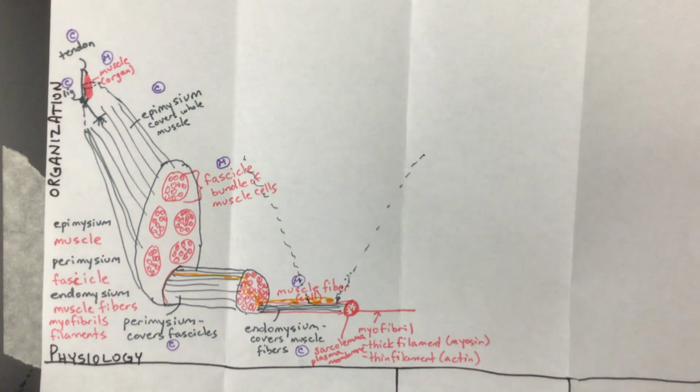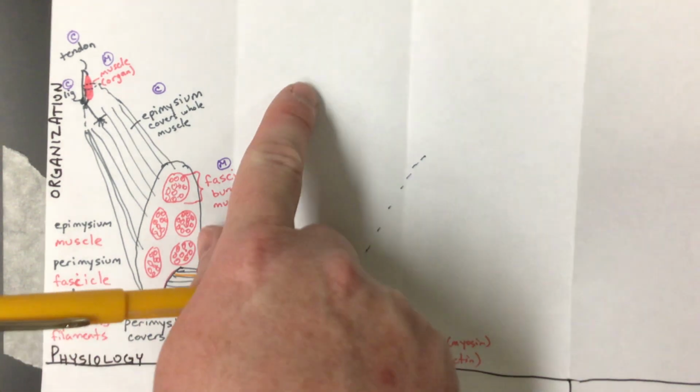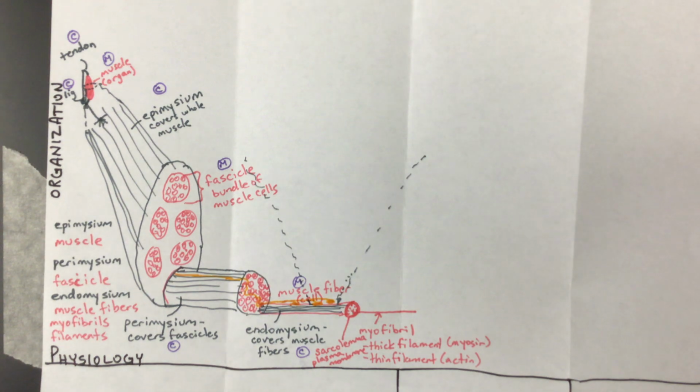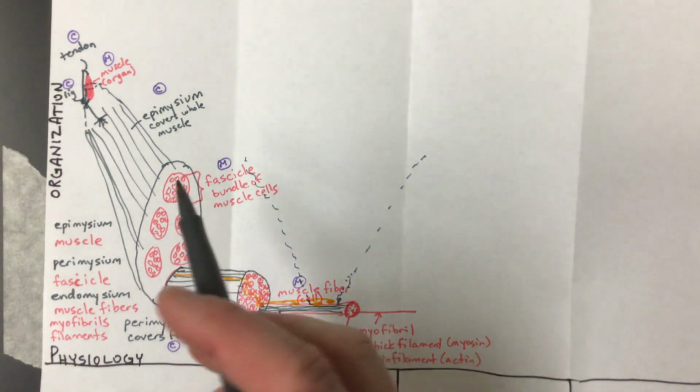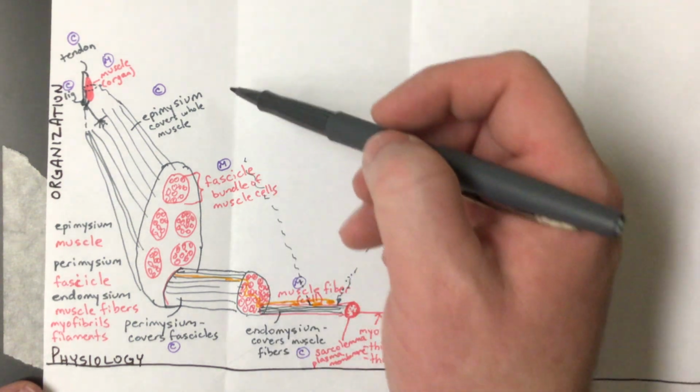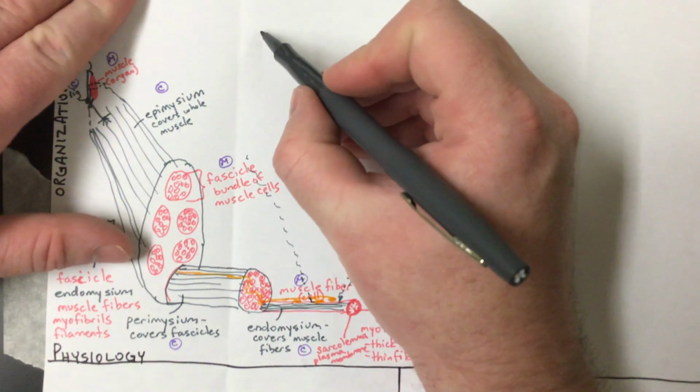So we'll draw those in yellow, and that's going to help give us some perspective when we bring neurons into the mix up above. Okay, so let's draw our muscle fiber up here.